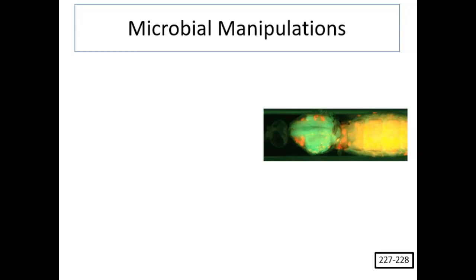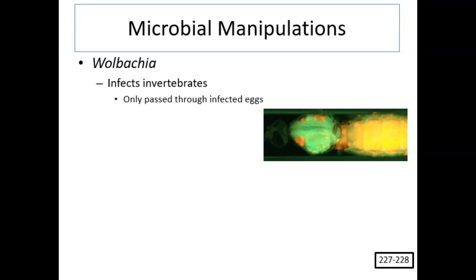So specifically here, we're going to mention a species of bacterium called Wolbachia. And Wolbachia is going to infect invertebrates, especially things like insects. And Wolbachia has this sort of interesting life history where it's only passed down through infected eggs.